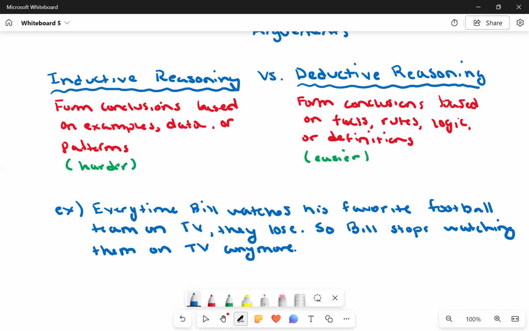So what's happening is his data, his examples are showing him that every time he watches them on TV, they are losing. Therefore, he concludes him watching them on TV is causing his team to lose. So this would be a form of inductive reasoning. He is using the constant example or data of him watching them and them losing to conclude that this must be the case, that he is causing his team to lose. So he can't watch them on TV anymore.